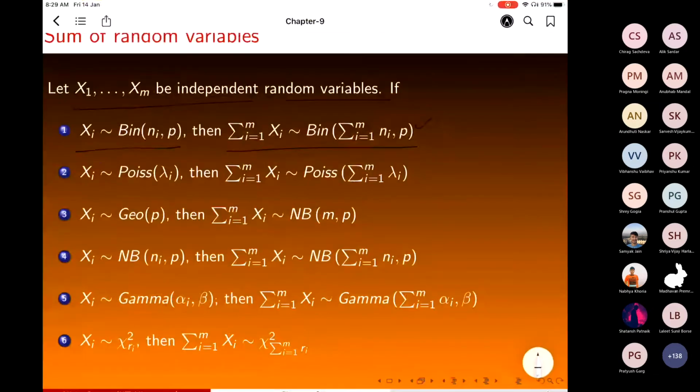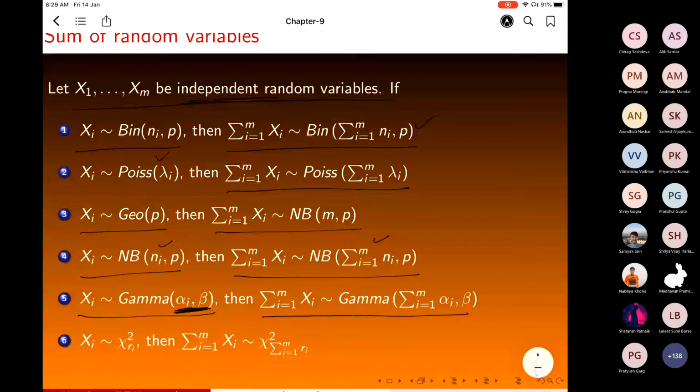So if Xi is Poisson with parameter lambda i and X1, X2, ..., Xr are independent, then the summation of them is also Poisson. If Xi is geometric, then the summation of them is negative binomial with parameter m comma p. If Xi is negative binomial, the summation of the Xi will be negative binomial. If Xi is gamma with parameter alpha i comma beta, then the summation of Xi will be gamma with summation alpha i comma beta.